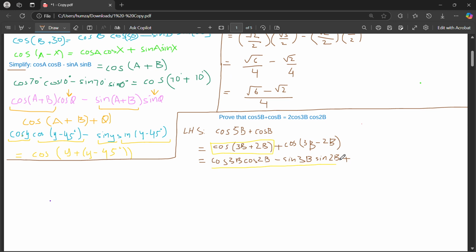So again we are going to say cos 3b cos 2b plus, because there is a minus sign in the bracket, we are going to say plus here, and sin 3b sin 2b.